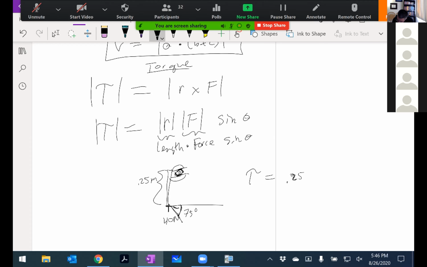Rotation radius is 0.25 times the force being applied, 40 newtons, times the sine of 75 degrees, that's the angle at which it's being applied.